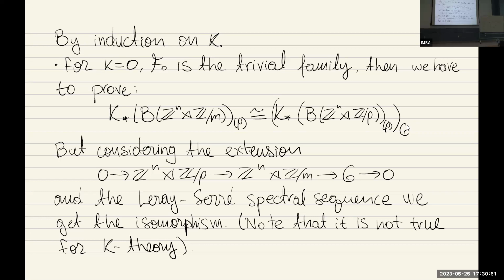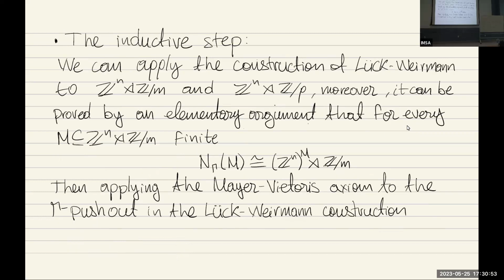Then the inductive step is just given by computing the normalizers. The normalizers are given by Z^n semidirect product with the invariant part, and then applying the Mayer-Vietoris axiom to the Gamma pushout.